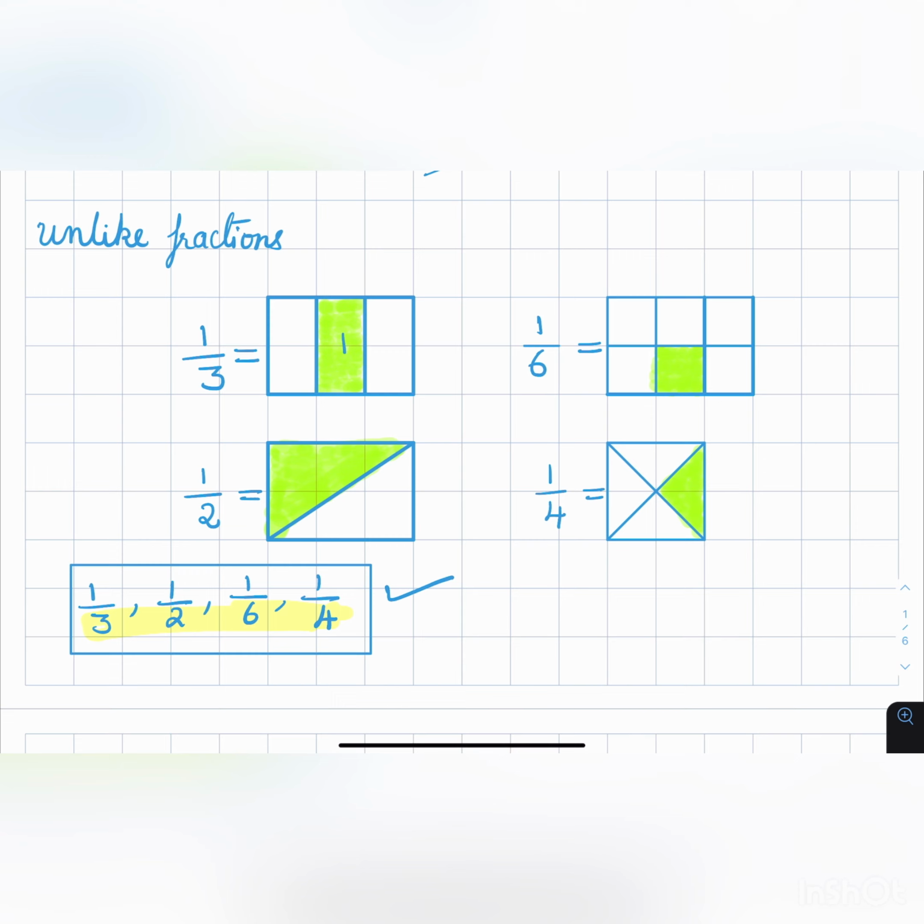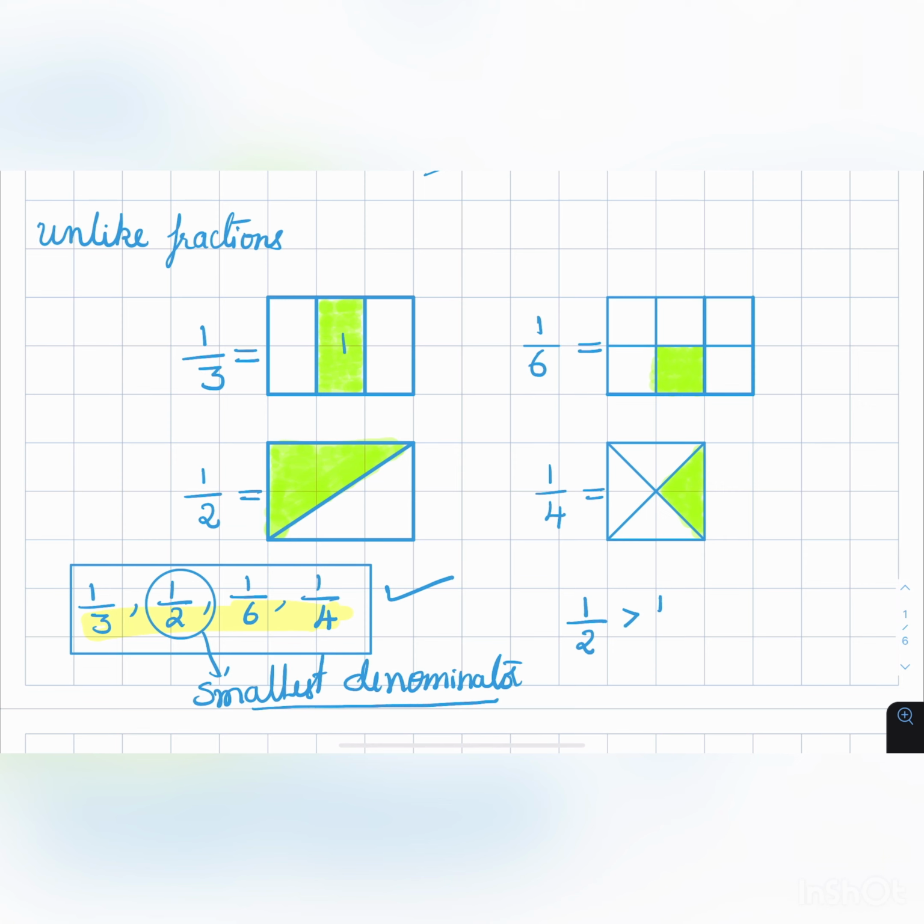The greatest fraction among these is 1 by 2, because this has the smallest denominator. And the fraction with the smallest denominator will be the greatest fraction in the given set of fractions.